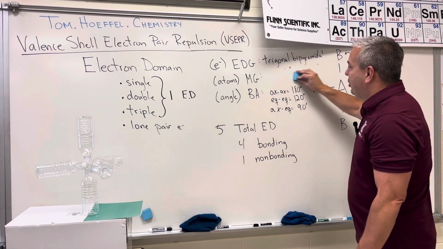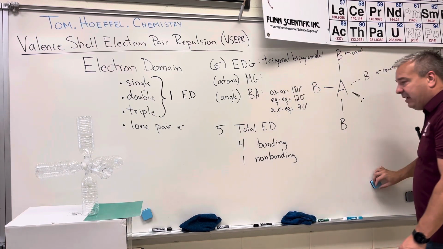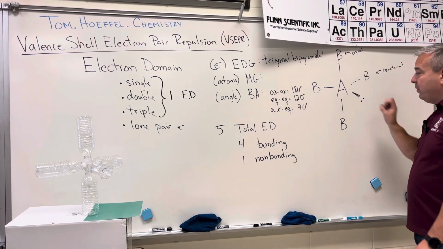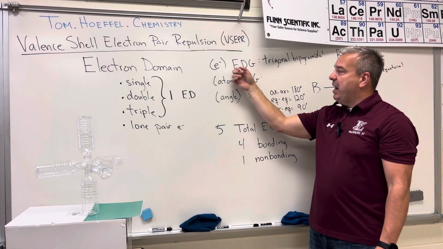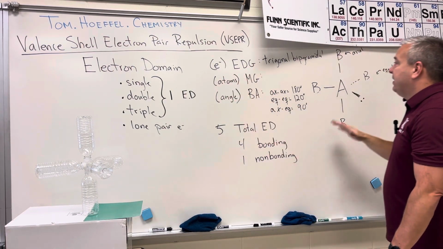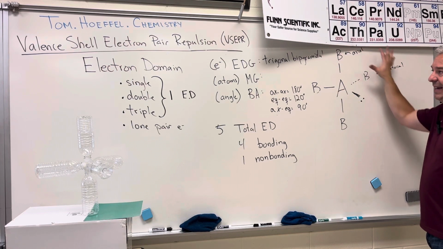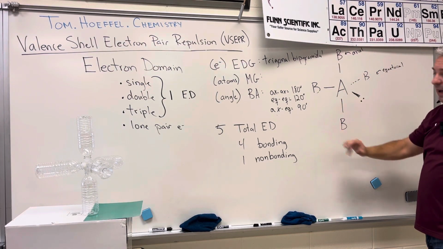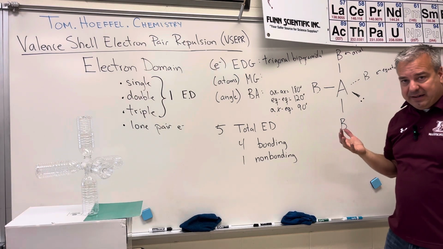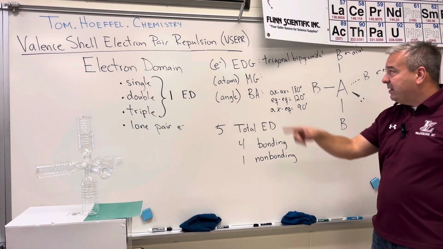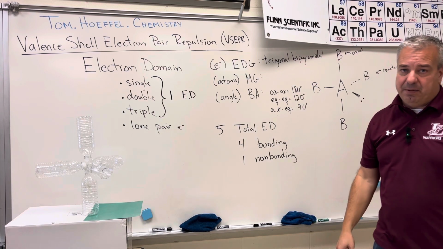Okay, it changes the name of the molecular geometry because I removed this atom. And remember, molecular geometry is the shape of the atoms. As far as the electron domain geometry, it's the same because we still have 5 electron domains. We just have a lone pair here instead of a bonding domain. So there's still 5 domains. You're still going to have trigonal bipyramidal.